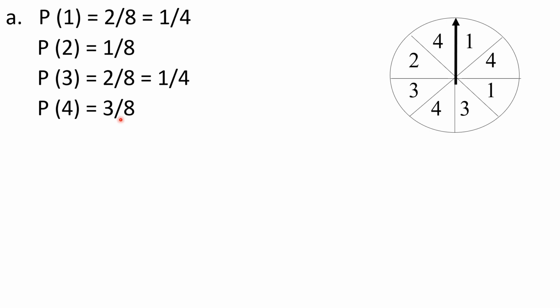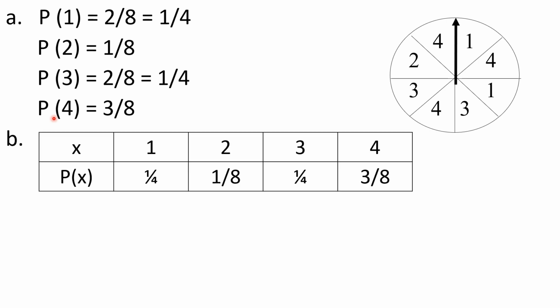Now, in letter B, we are asked to convert it first into a distribution table, and then to determine if that distribution is a probability distribution or not. So, converted into a table, we have two rows again. The first is for x, or the values of the discrete random variable.